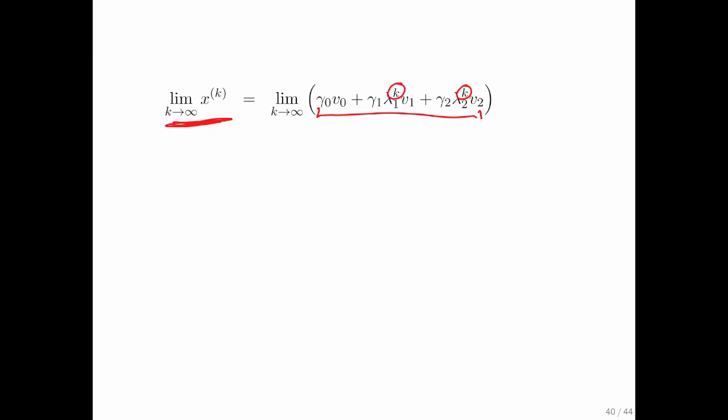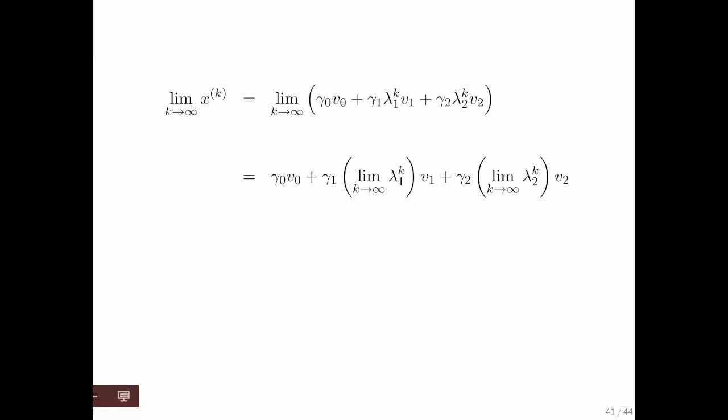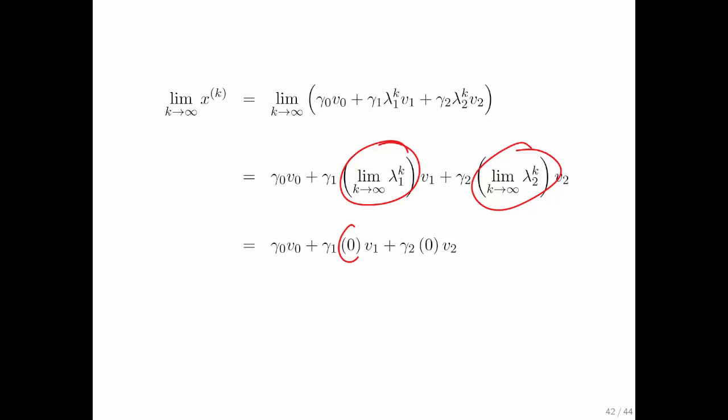It becomes insignificant. So what happens is that eventually these limits here become 0, and you end up with a vector that points in the direction of the eigenvector v0. And bingo, that explains the magic of predicting the weather many days from now.